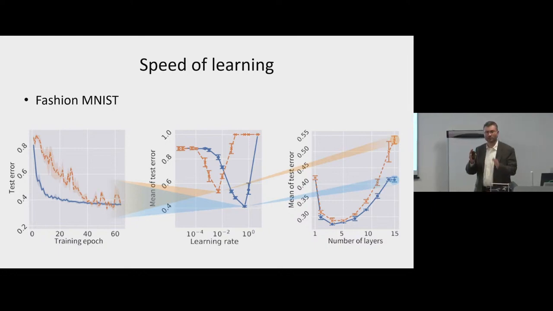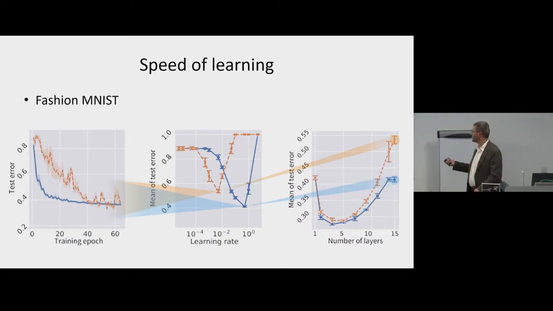So for each algorithm separately, we optimize the learning rate to minimize the mean of the test error across this period, because the mean of the test error is a measure of how quickly you are able to learn. It's essentially a measure of sampling efficiency. All the plots which I'm showing throughout the talk are for the optimal learning rate for a given algorithm. So you can see that even if you optimize the learning rate for backprop, it is still learning slower, with more iterations, than predictive coding.